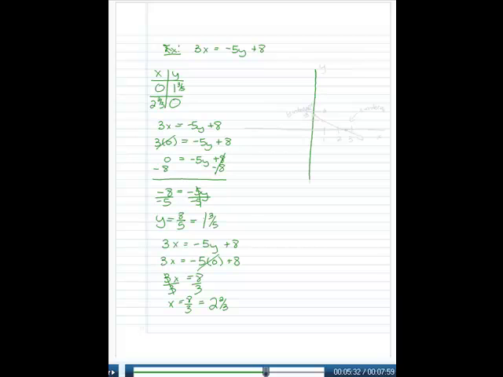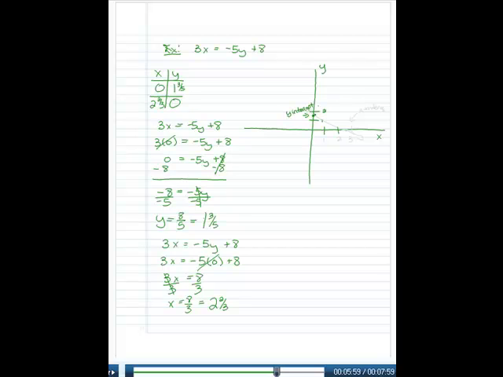So let's just graph this. And again, since I'm graphing intercepts, I should have 2 points. And 1 point should land on the x-axis and 1 point should land on the y-axis. So x is 0 and y is 1 3/5. So if this is 1 and this is 2, 1 3/5 is somewhere in the middle. So this is my y-intercept.